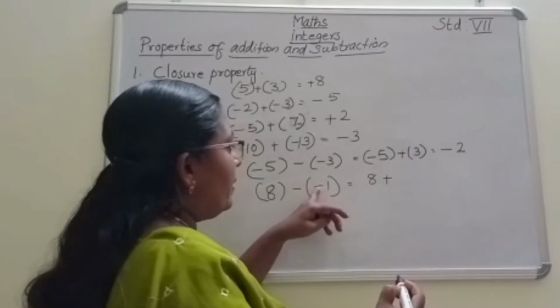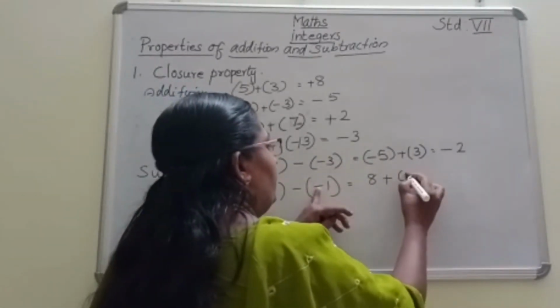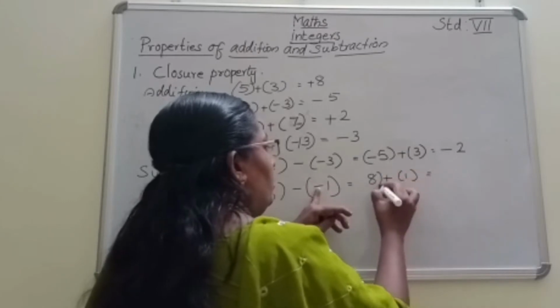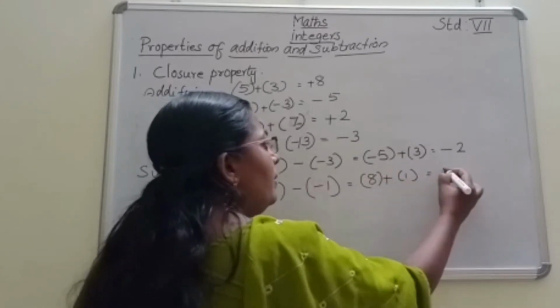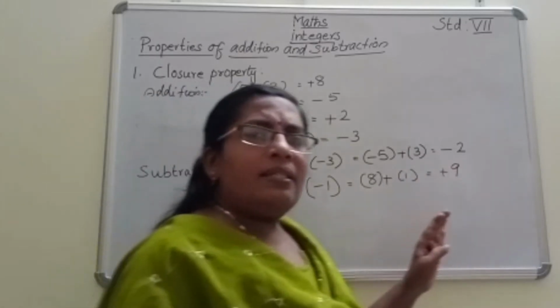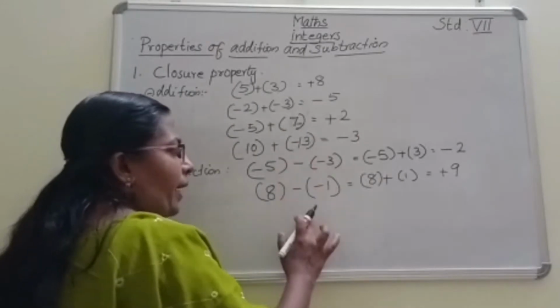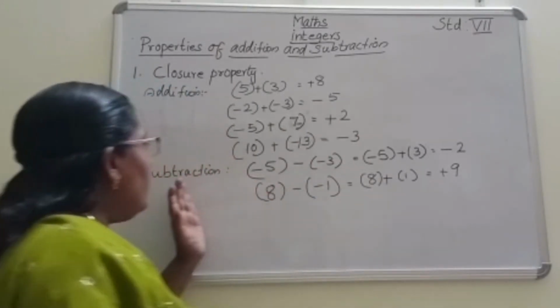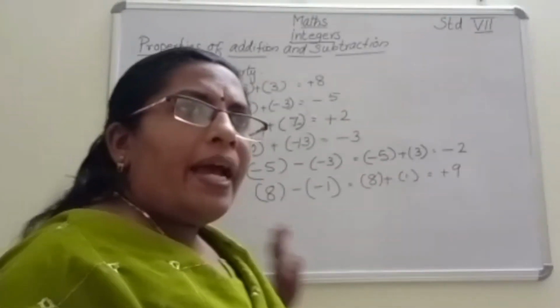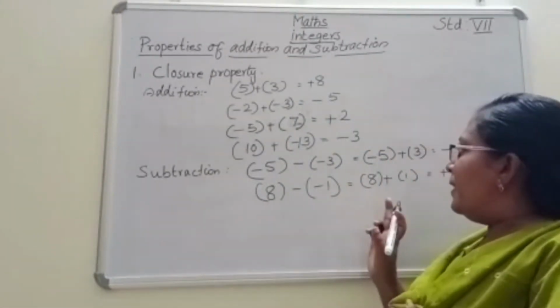So inside the minus, -1 becomes +1. 8 plus 1, 9. Plus 9 is an integer. Like this, when we subtract two integers, we will get an integer.